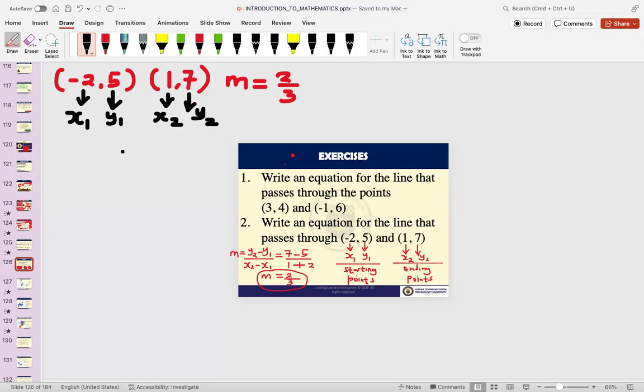So the easiest one to start with is the point slope form. Let's proceed with the point slope form.